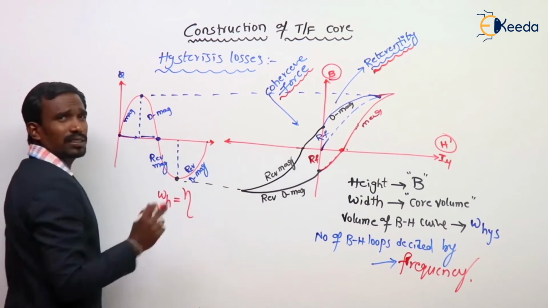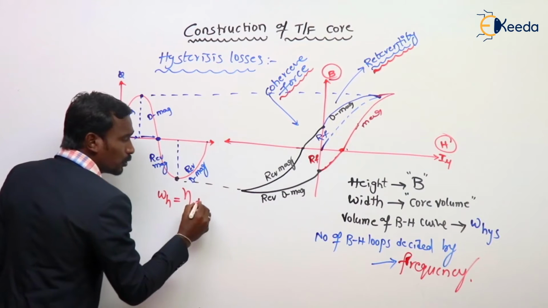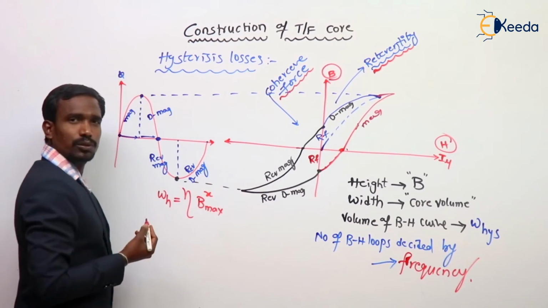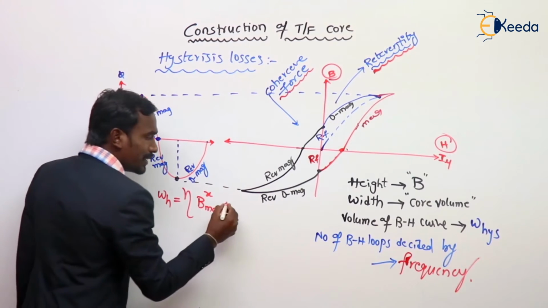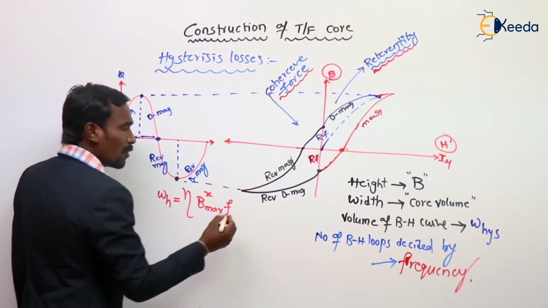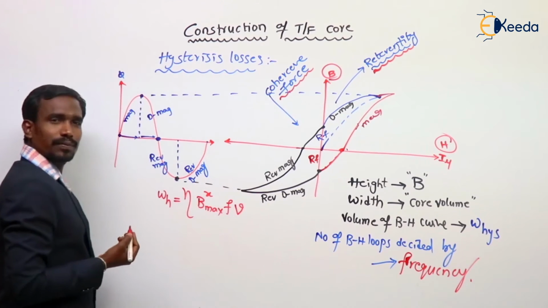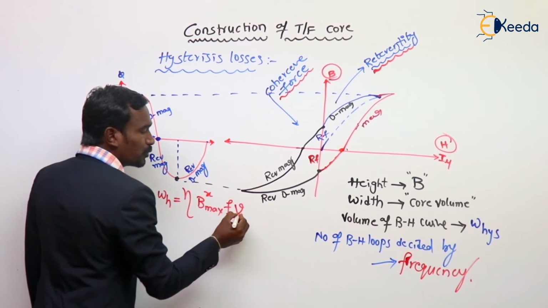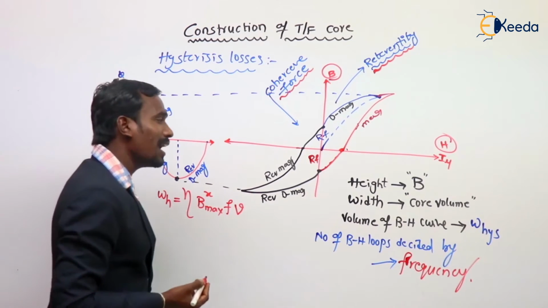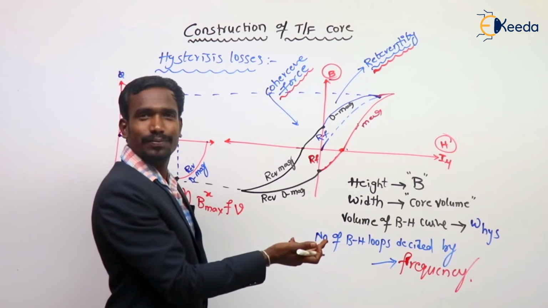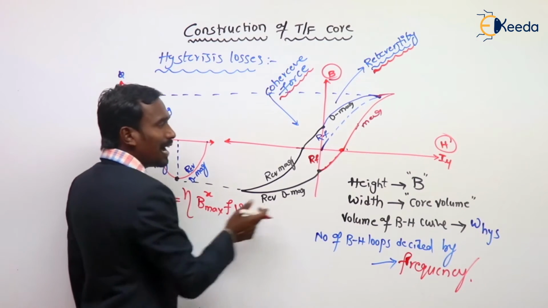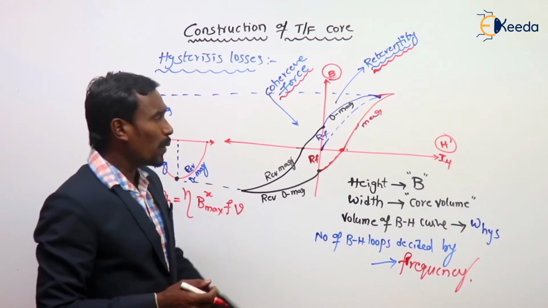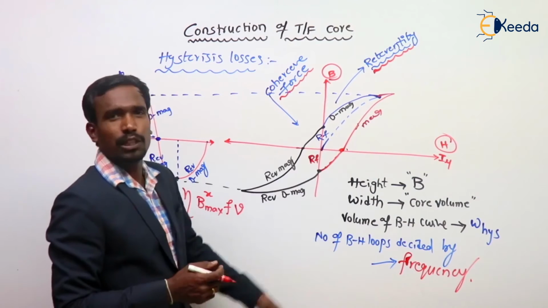So from this, eta into B max to the power x into f into V. Here V is the width and B is the height, so height into width we can get the area or volume.